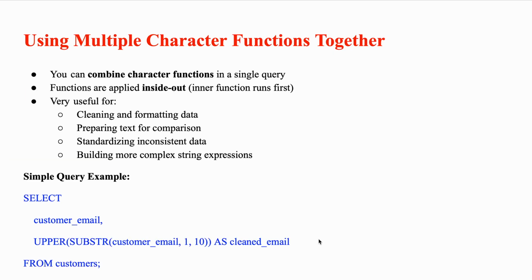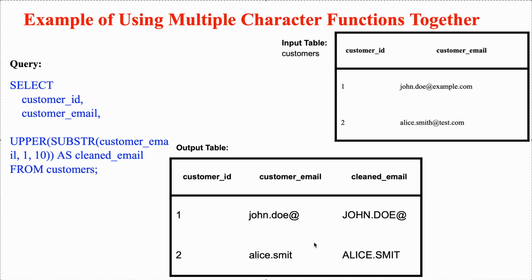You can also combine multiple character functions in a single query. The functions run inside out, meaning the inner function is applied first. In this example, we are first using SUBSTRING to extract the first 10 characters from the customer email and then applying UPPER to convert those characters to uppercase. This is a common approach when you want to clean, format, or extract standardized text fields, especially useful for testing or comparison. Here's an example.